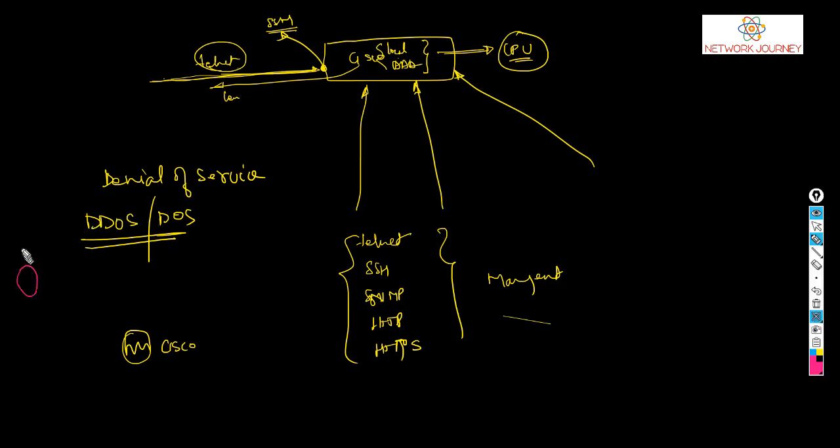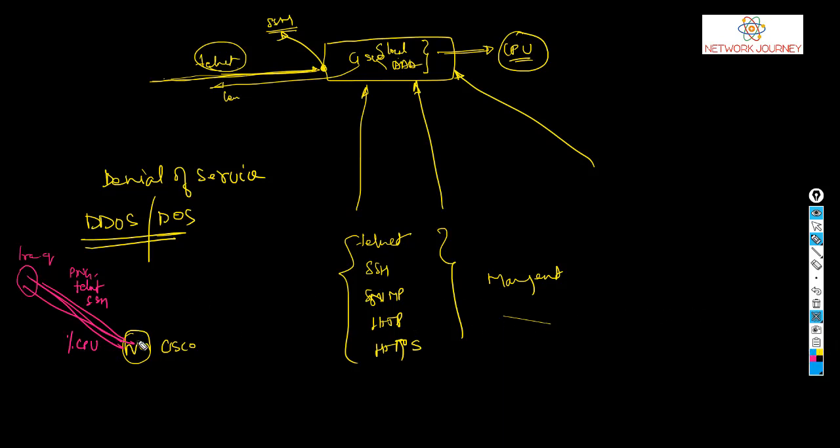Let's say there are a few from Iraq who are continuously sending packets. Now what do you mean by packet? It could be any packet: a ping packet, a telnet packet, or an SSH packet. The device is taking a certain CPU percent to respond back that you are not a rightful authority, or let's say telnet is not enabled, right? So it's taking some of the CPU.